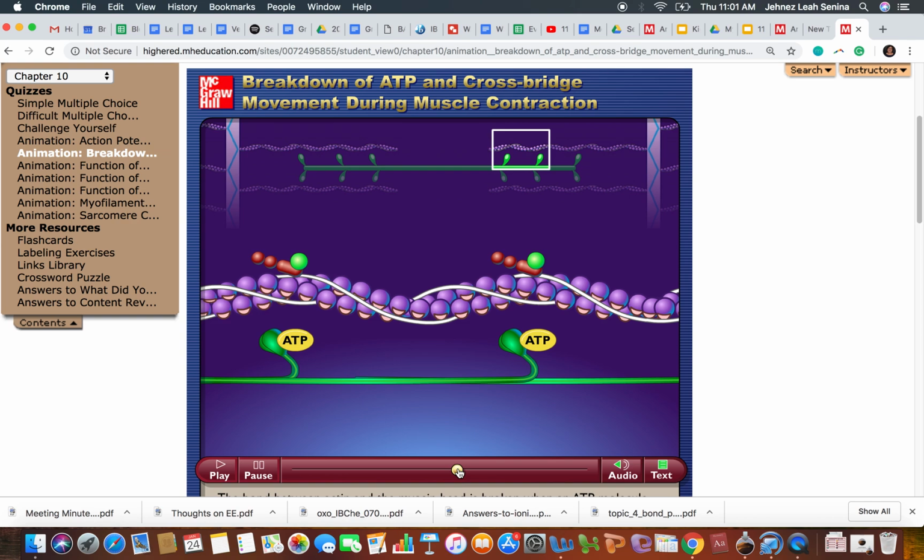Miss, what is cramping? Muscle cramps happen when you don't have enough oxygen circulating in the muscles. So if there's not enough oxygen, you don't have enough ATP. Remember, you have anaerobic respiration. It's still contracting, but the pain is not because of the movement.